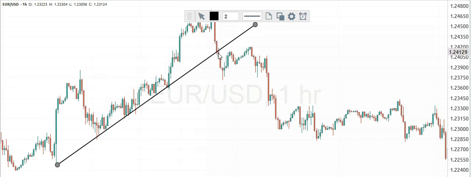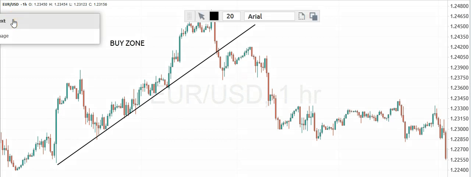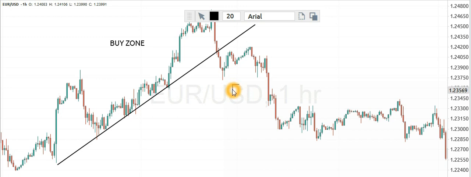Whenever the market breaks through the trend line, then my focus is on selling. So this here would be my buy zone, and over here would be my sell zone. I want to buy in the buy zone and sell in the sell zone.